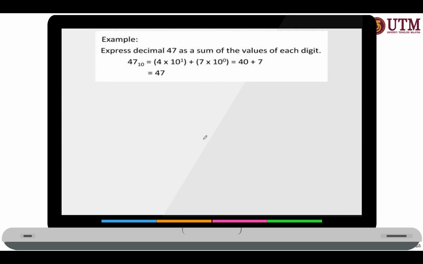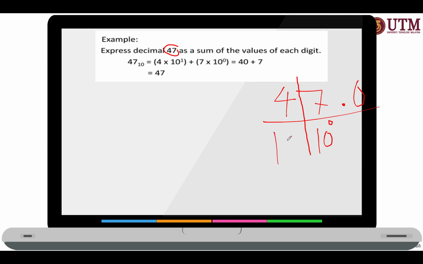So how about the example if we express the decimal 47? How do we get the 47 value? Over here we have 47, and this one is 10 to the power of 0, and then 10 to the power of 1. What happens between here is you need to multiply.